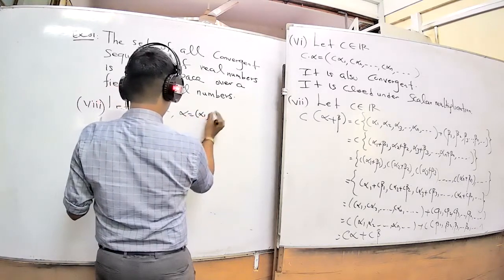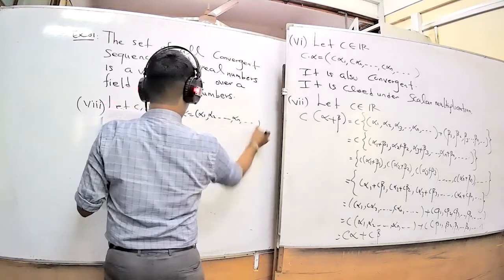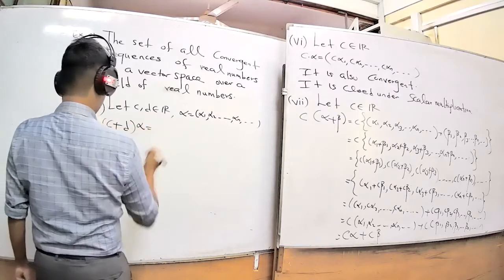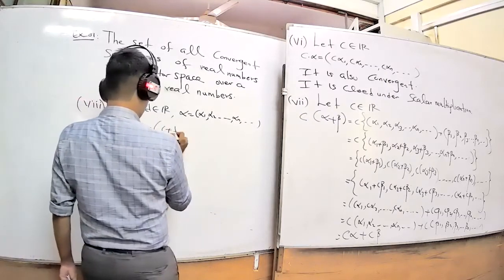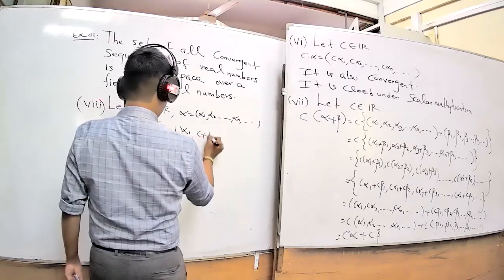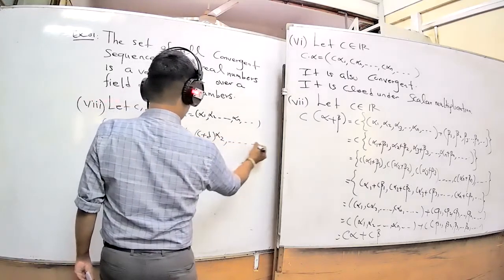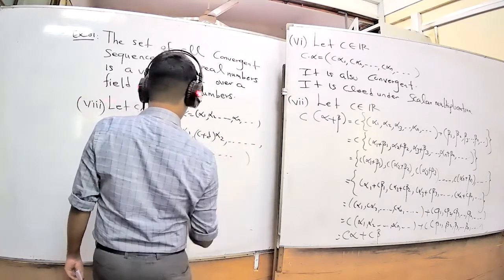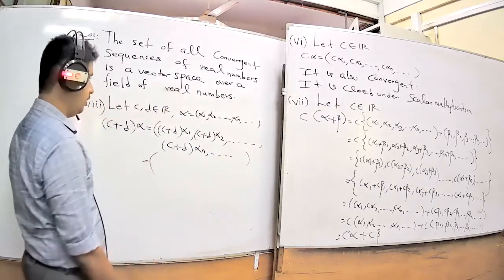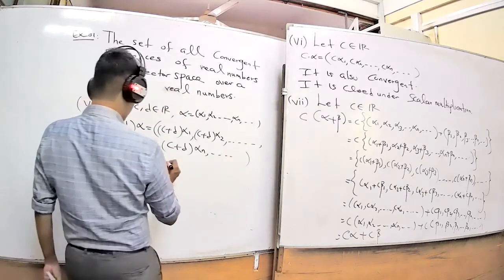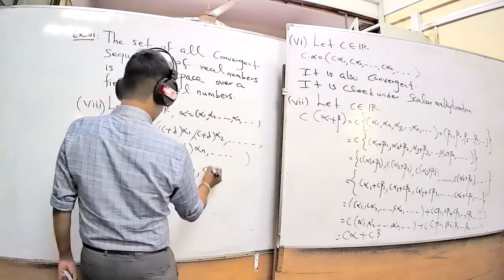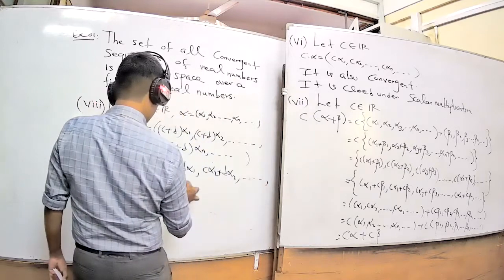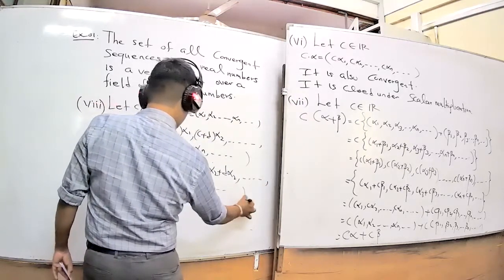Take (c plus d) alpha, which is (c plus d) alpha 1, (c plus d) alpha 2, and so on, (c plus d) alpha n. Here also you can use the distributive law inside, then c alpha 1 plus d alpha 1, c alpha 2 plus d alpha 2, and so on, c alpha n plus d alpha n.